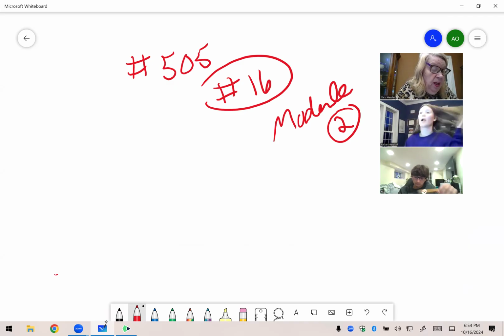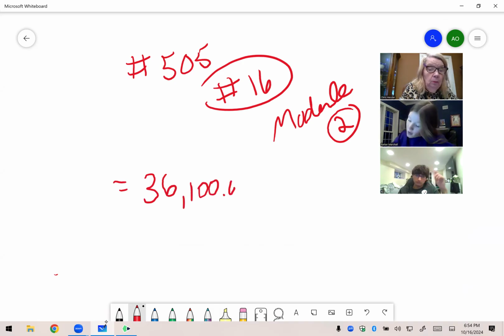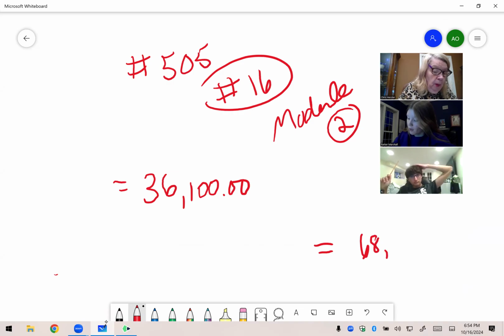A company opens an account. So we know the initial balance is 36,100. The account earns interest and no additional deposits or withdrawals are made. The account balance is given by an exponential function A, where A is the account balance T years after the account opens. So after 13 years, this should come out to be 68,000.